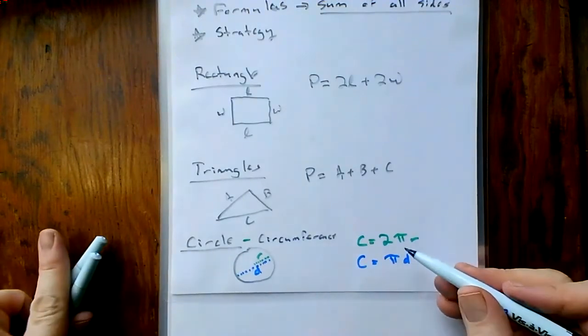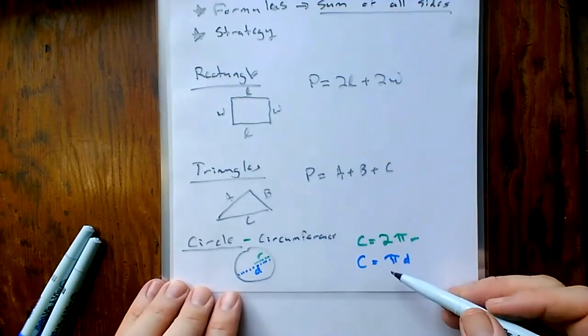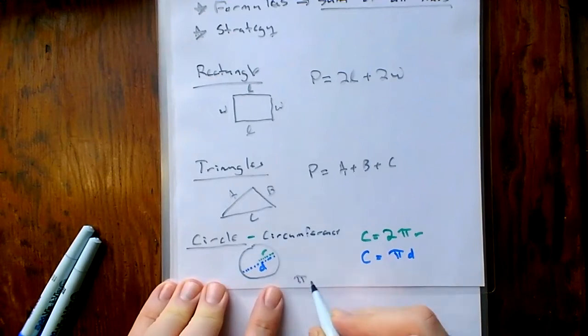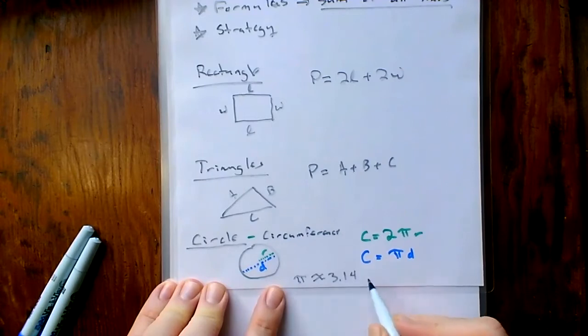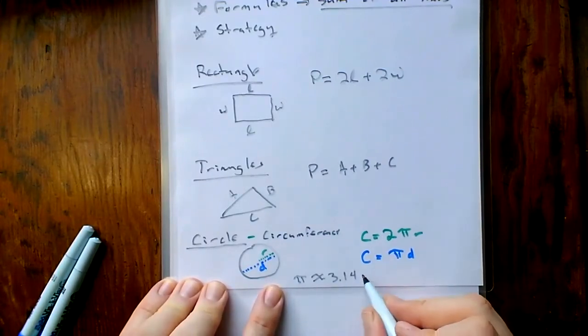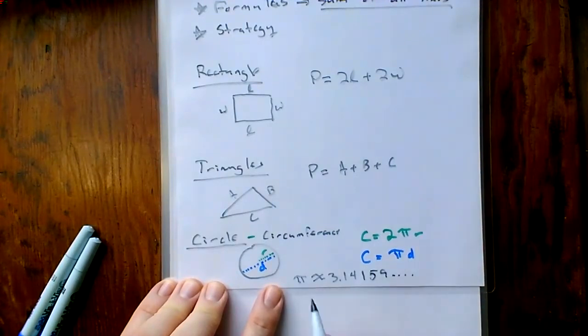Pi is a special number. It's infinitely long, and you can say it's approximately equal to 3.14. But trust me, this decimal will go on forever. 159 and a lot of change. Most people will just simplify it to 3.14.